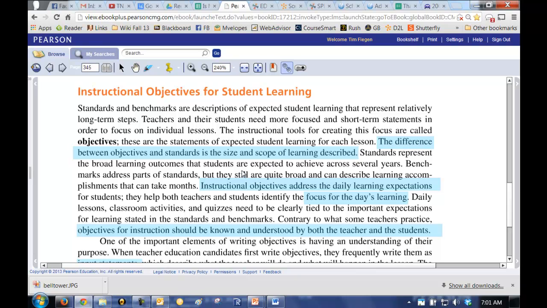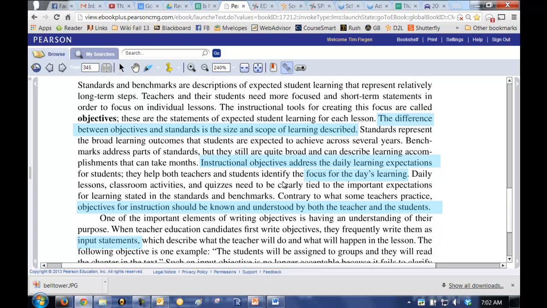Standards represent the broad learning outcomes that students are expected to reach across several years. Benchmarks address parts of those standards, but they are quite broad and can describe learning accomplishments that take months. So instructional objectives are daily expectations, and that's what we ask you to do each day when you go in front of students or work with students to teach: that you have objectives.